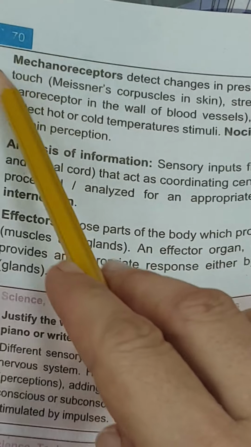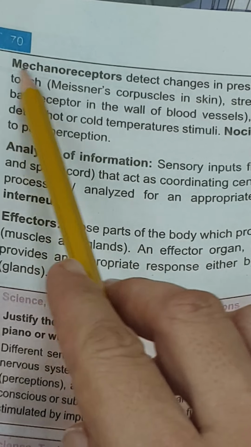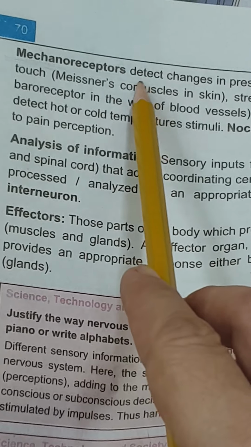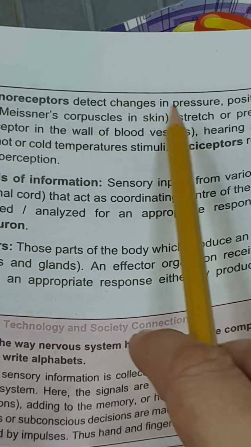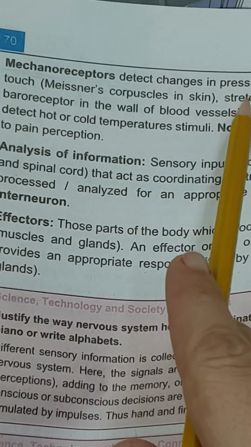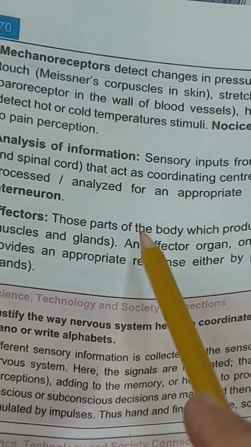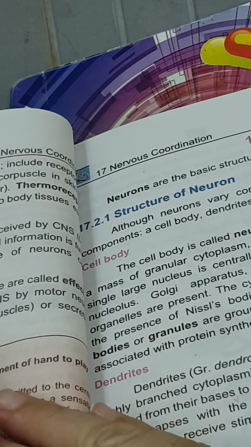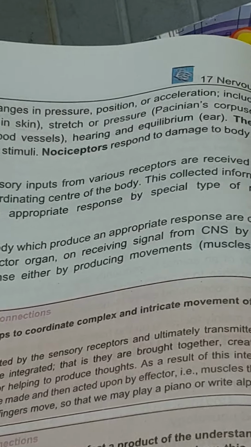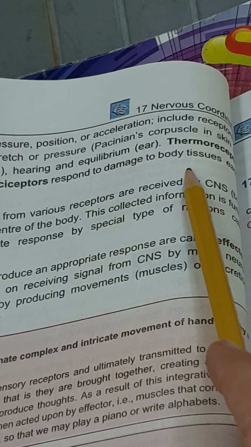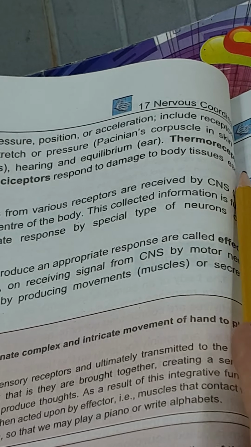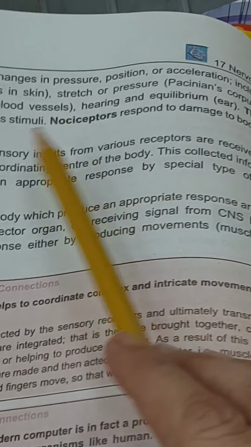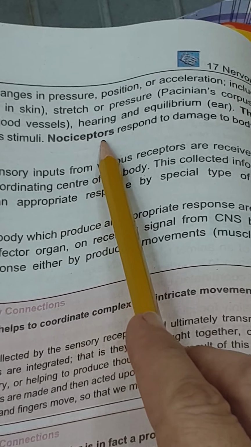Next are the mechanoreceptors. Mechanoreceptors are the receptors which detect changes in pressure. Mechanical information is given by the mechanoreceptors, like the changes in the pressure in the different areas of the body. The next are the thermoreceptors. Thermoreceptors are those receptors which give us information about the temperature changes. Next are the nociceptors.